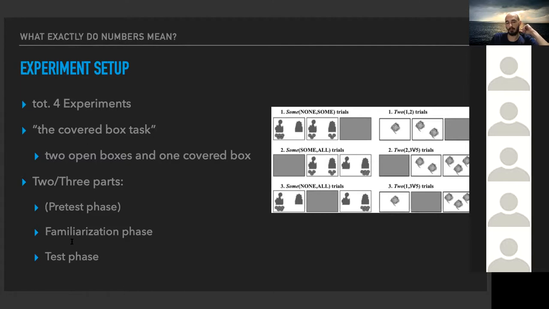In those phases, the participants were also allowed to take a look into the covered box and see if they chose the right one, if they chose the covered box. They were not allowed to look into the covered box during the test phase though, which is the phase that came afterwards to test what numbers actually mean.